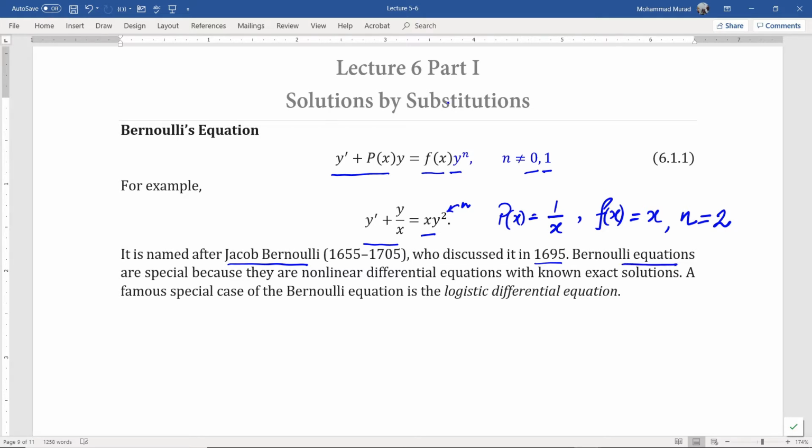Bernoulli equations are special because they are nonlinear differential equations with known exact solutions. A famous special case of the Bernoulli equation is the logistic differential equation, which is used in the restricted growth of population model. And this would be the topic of our study in lecture 7.